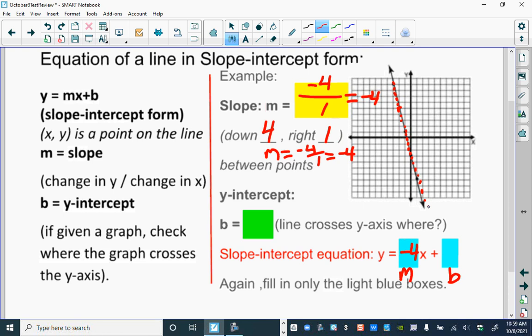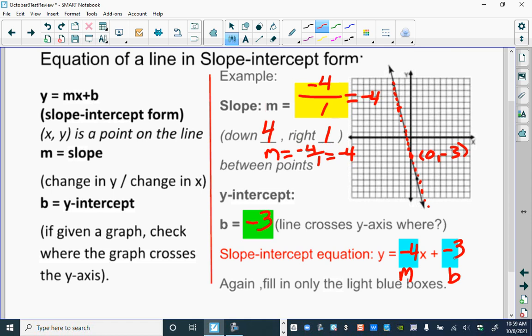Very good. This is -3. So that's your m, that's your b. The slope goes here, the y-intercept goes here.